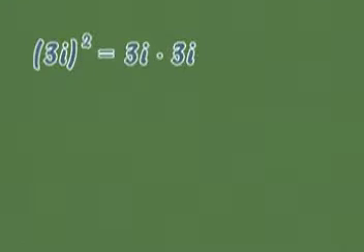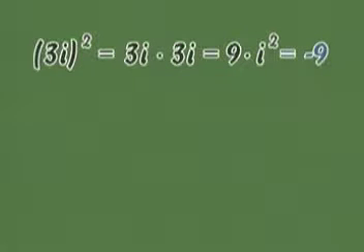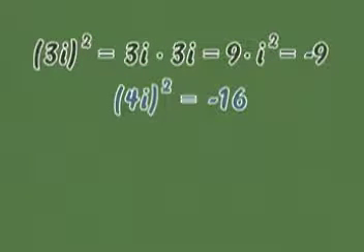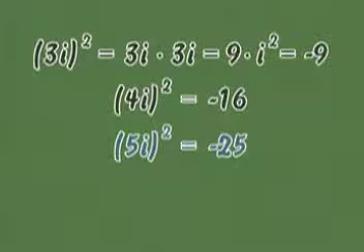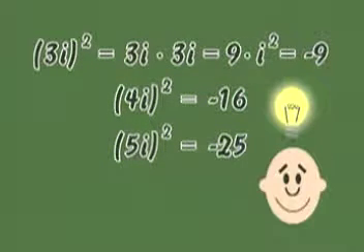For example, 3i squared equals 3i times 3i equals 9 times i squared equals -9. Similarly, 4i squared equals -16. 5i squared equals -25. You get the idea.